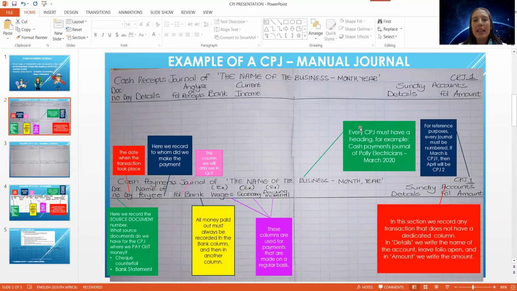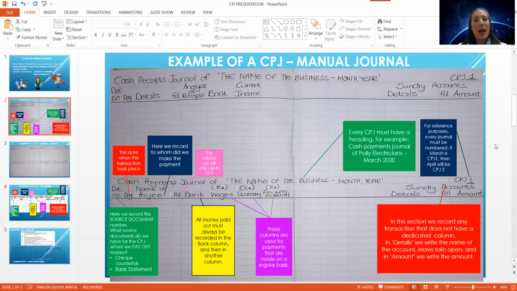Now, grade 8, you'll see that I actually kept the CRJ from the last presentation on here as well. Why? If you are recording the transactions for a business, you will typically record transactions simultaneously in the CRJ and the CPJ for that business for a specific month.